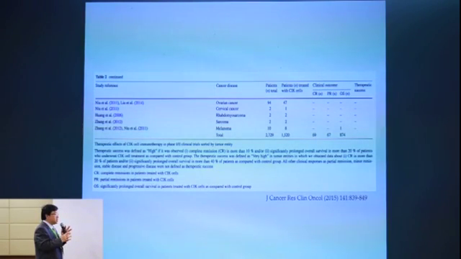Another group from Germany told us that from 1999 to 2014, they collected around 2,700 patients. Half of them got immunotherapy, and the rest were treated with the traditional method.